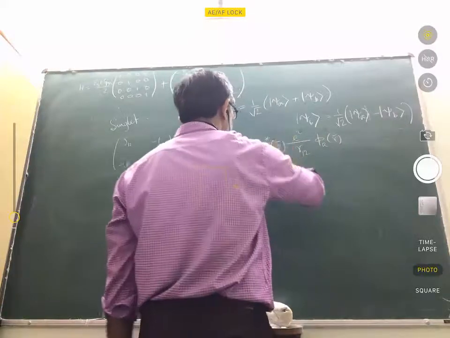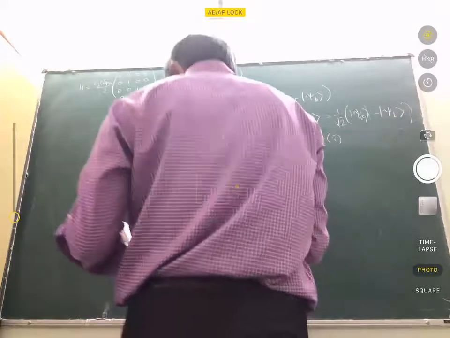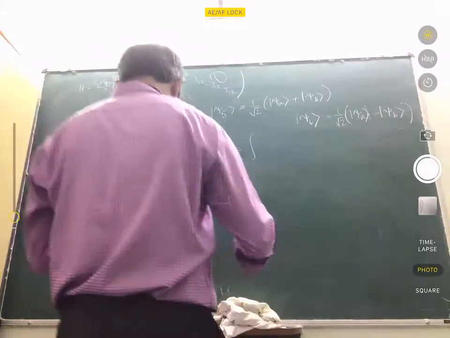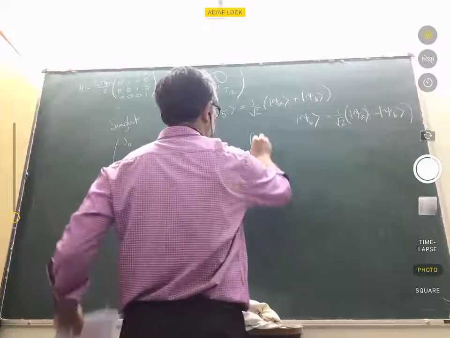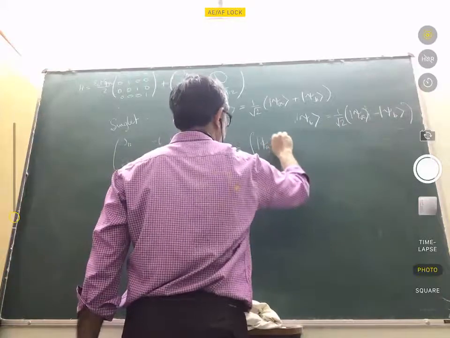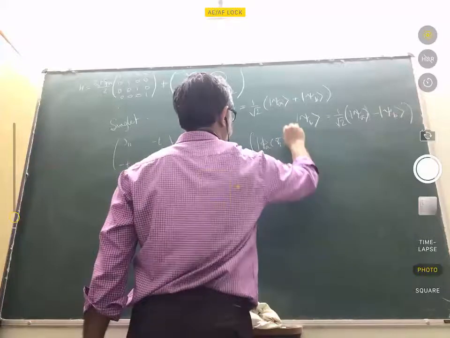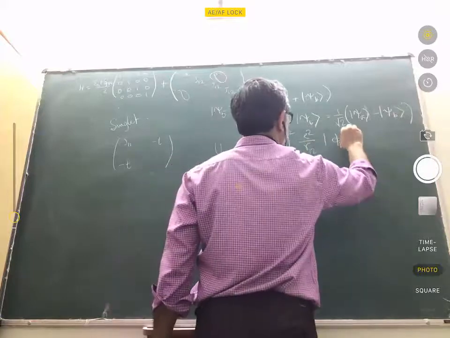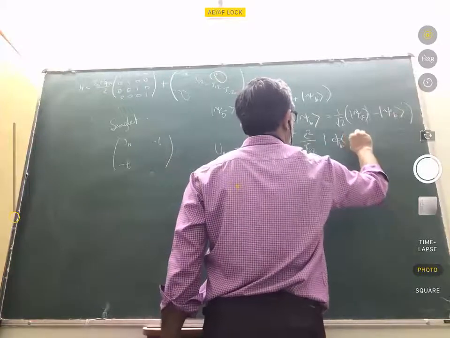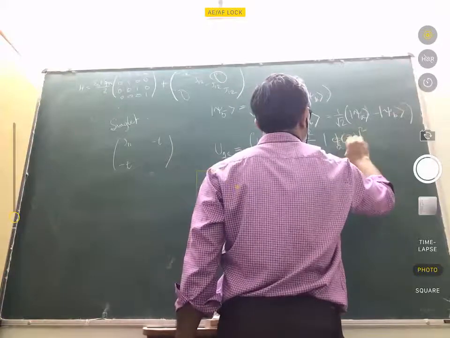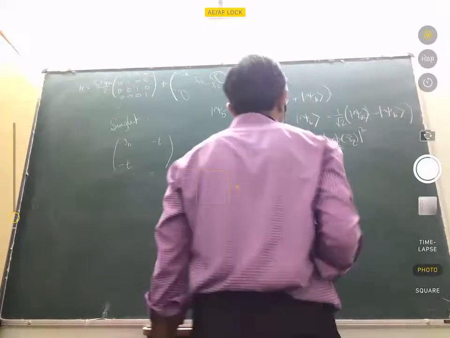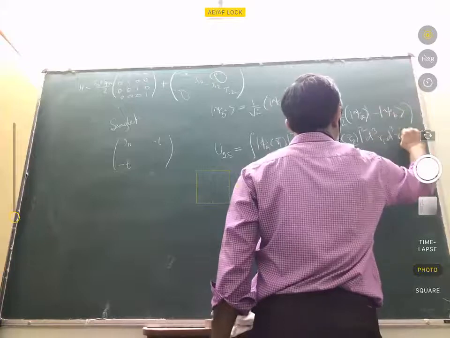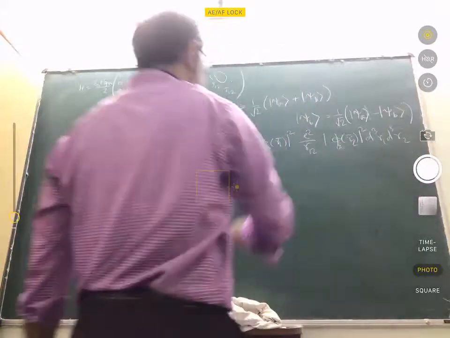So the mod phi squared. So I have both the electrons on the phi a orbital.